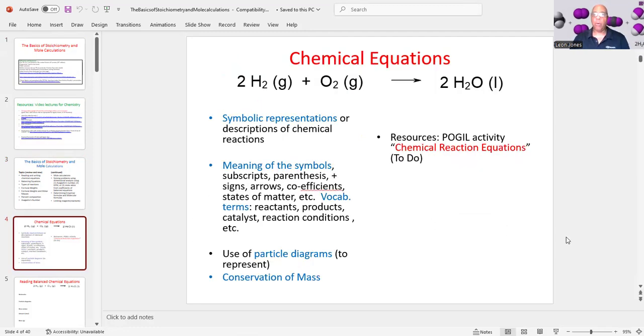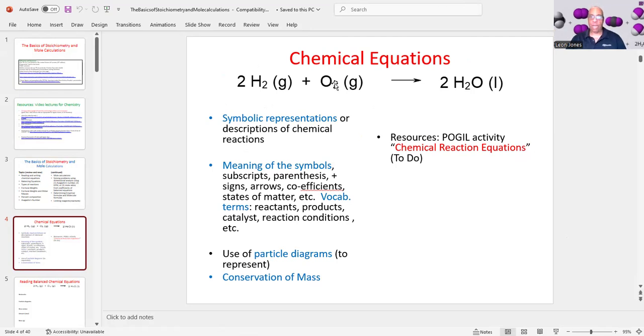Now, chemical equations. Everybody understands chemical equations. Well, I have one on the PowerPoint right now. Now you can see you have the equation and it is balanced. And how do I know it's balanced? Okay, because I have two hydrogens right here, and I have one oxygen.